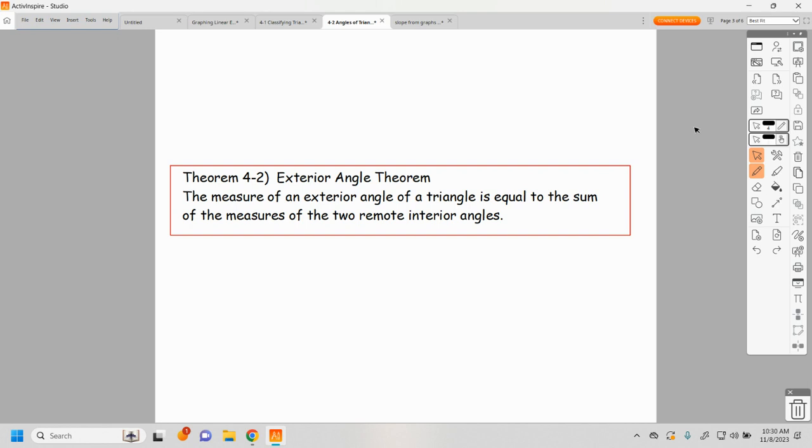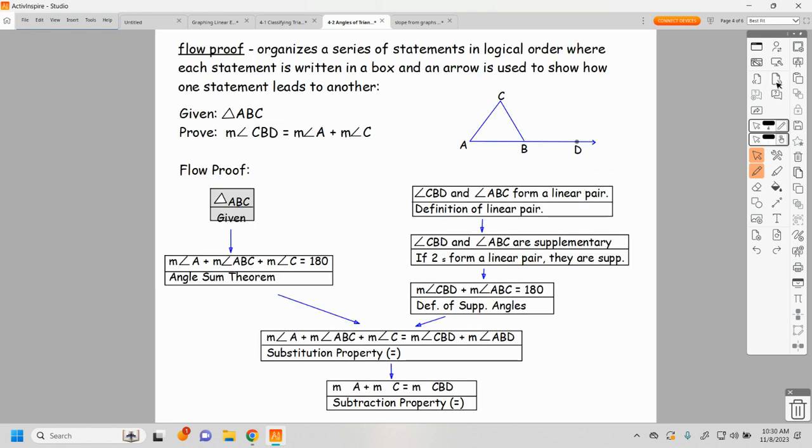All right. So an exterior angle is always going to equal the two remote, so that means away, the two interiors that are away from it. So let's look at this. Guys, I just want to show you this real quick. Maybe you don't know, so I'm not trying to be cute. This would be the exterior angle.